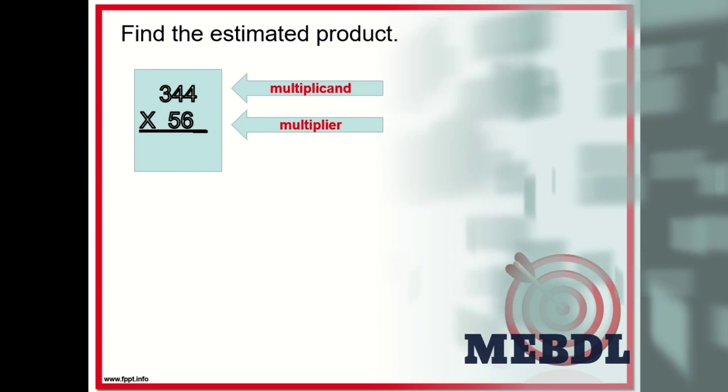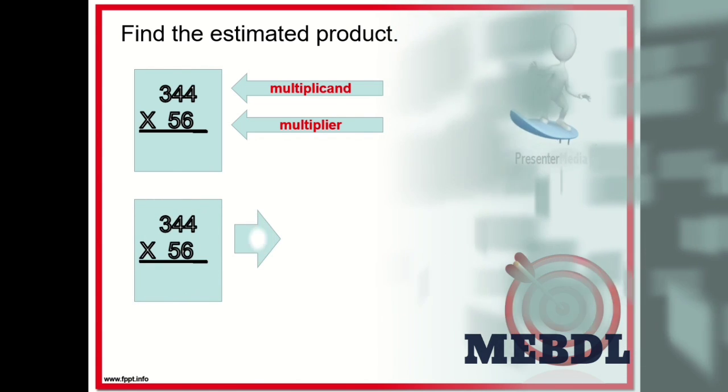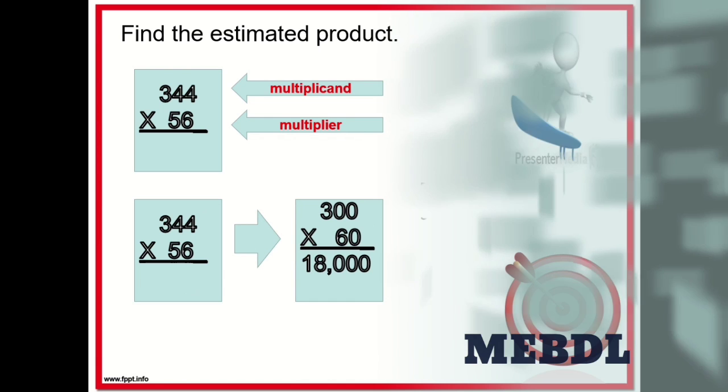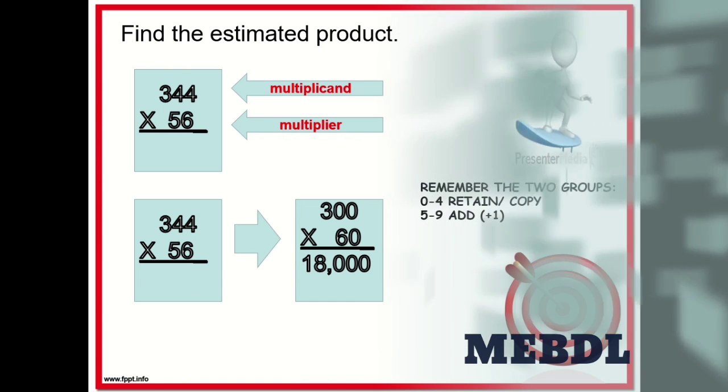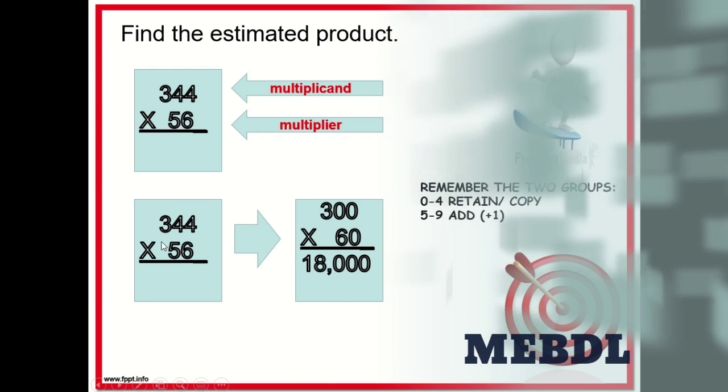Okay, next we have 354 times 56. Again, remember the two groups. 0 to 4, retain or copy the number. 5 to 9, you just need to add 1. 354 times 56.